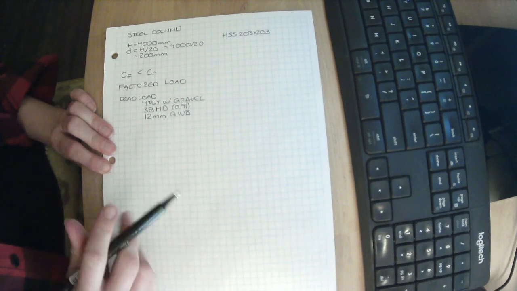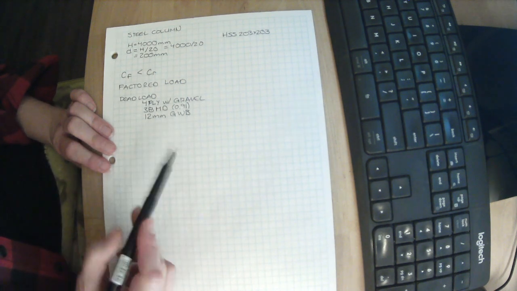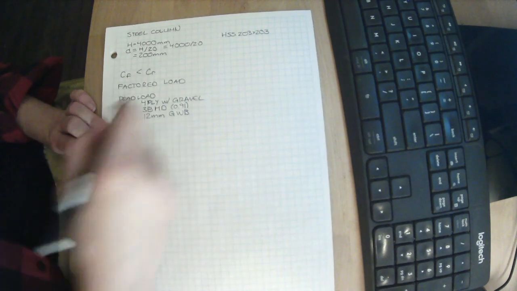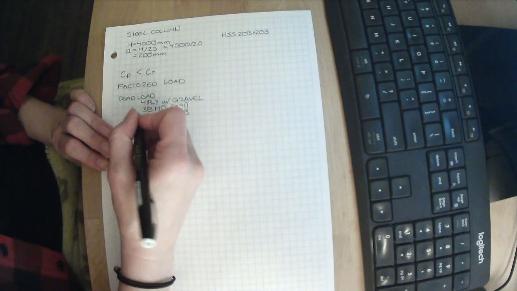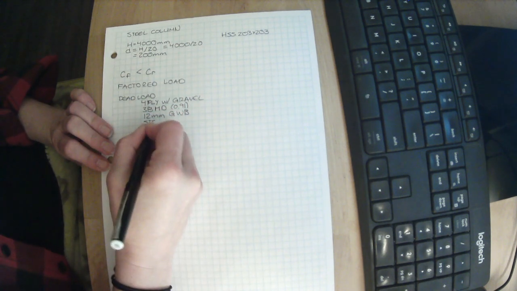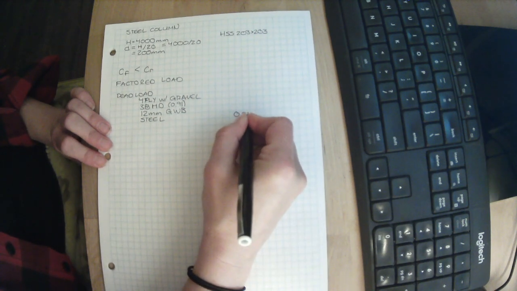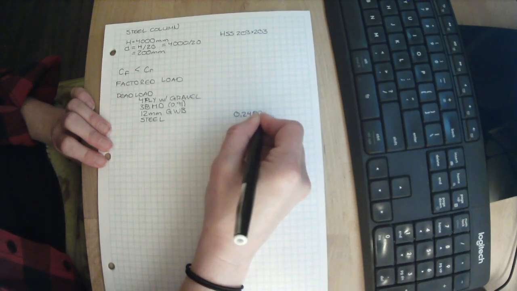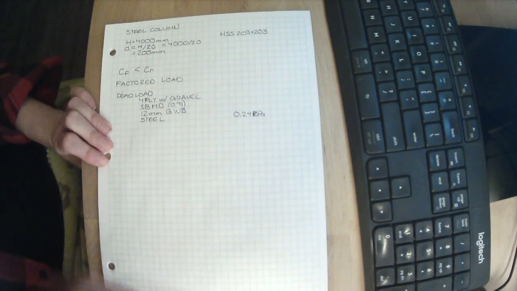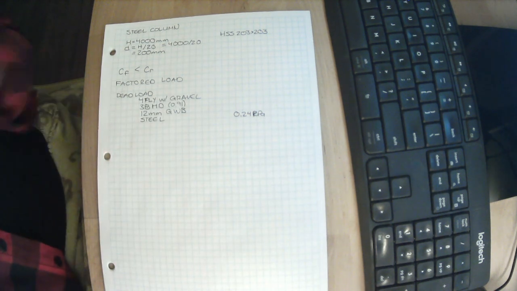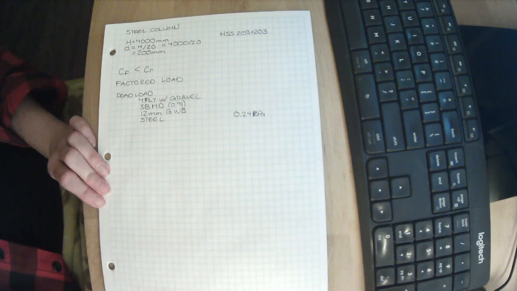I'm going to say this is a canopy. It's outside. That's the dumbest choice ever. Don't worry about it. I just wanted something that we could pull some easy numbers off. And then steel, they gave us an allowance of 0.24 kPa to use for weight. The other things we have to go look up in our dead load chart.